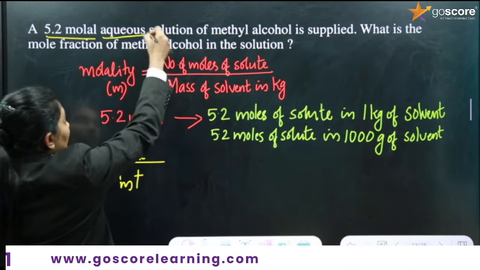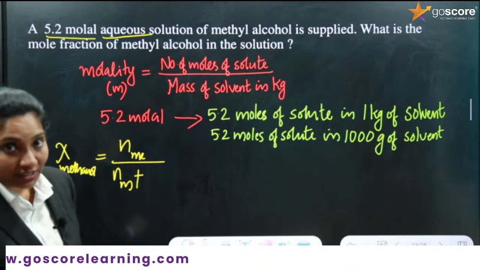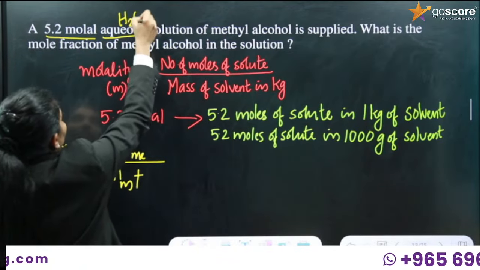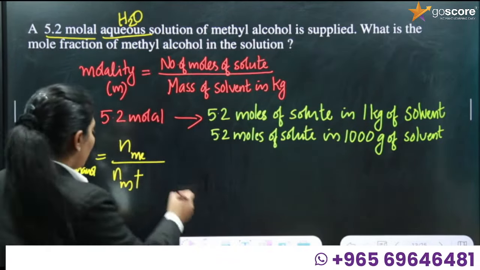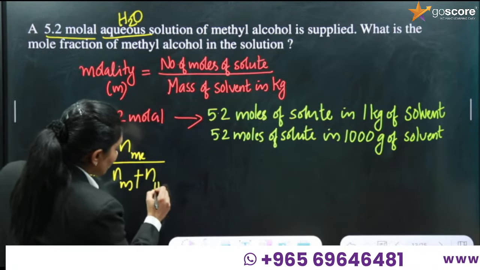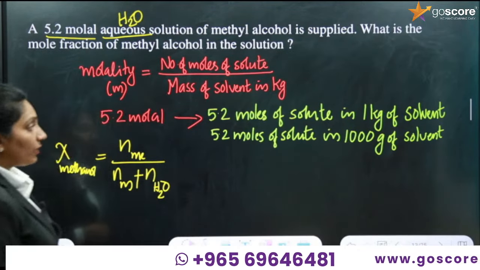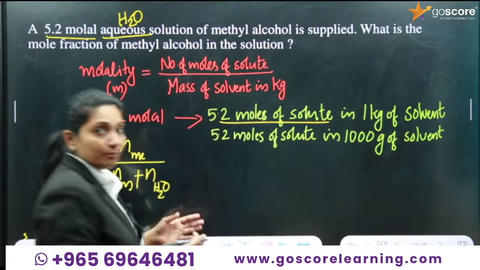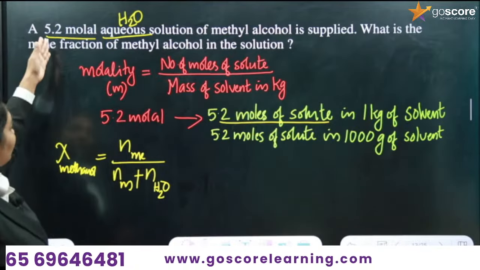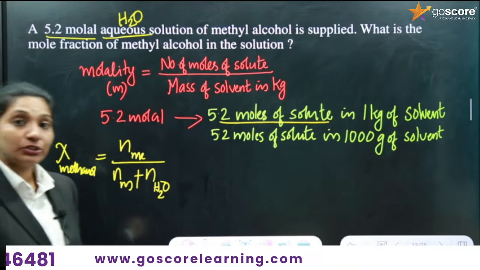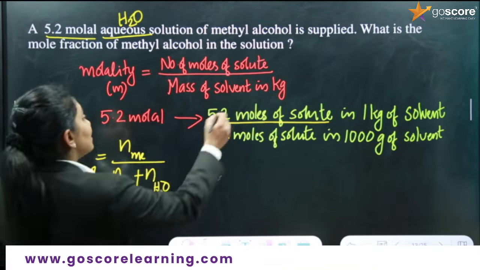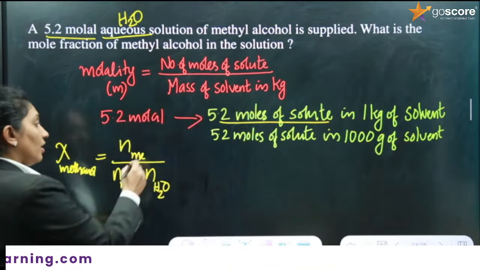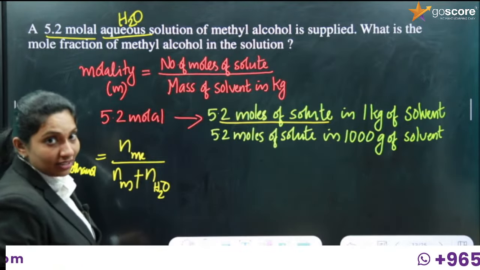It's an aqueous solution, so one component is methyl alcohol and the second component is water. The number of moles of solute is already provided in the question. That is, 5.2 molar means the solution contains 5.2 moles of methyl alcohol.